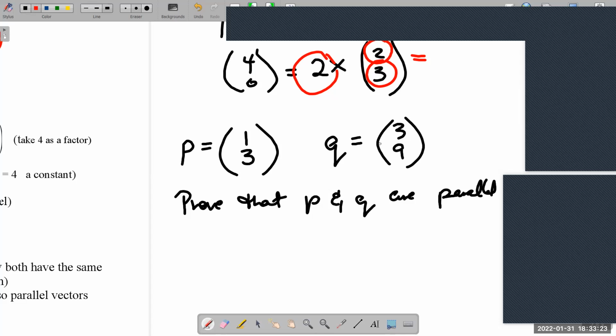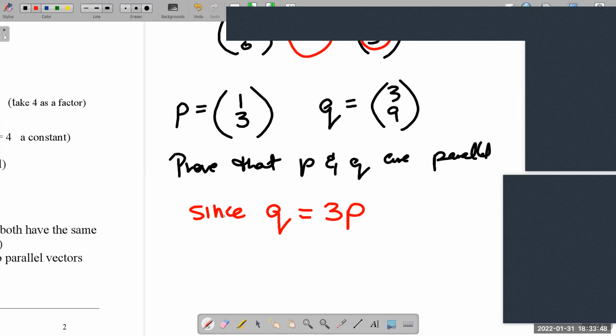Yes. What is that number? 3. So you would say, since Q, because remember Q is the biggest one, you always put the biggest one first. Q, what is Q equal to? Isn't Q equal to 3P? Right or wrong?